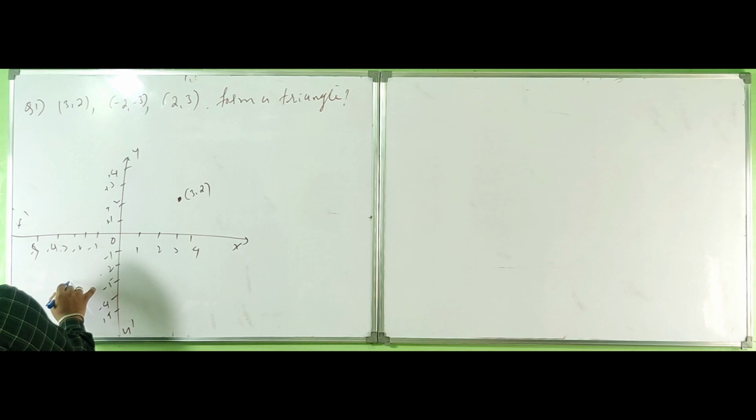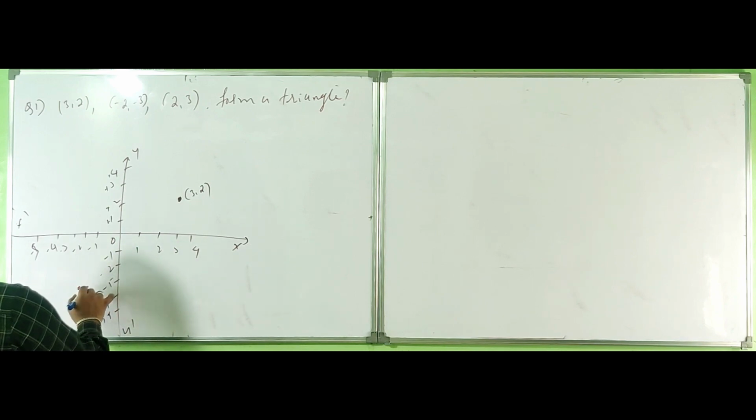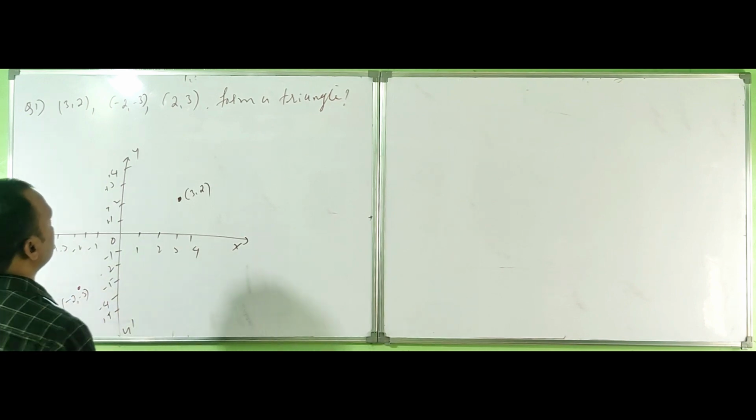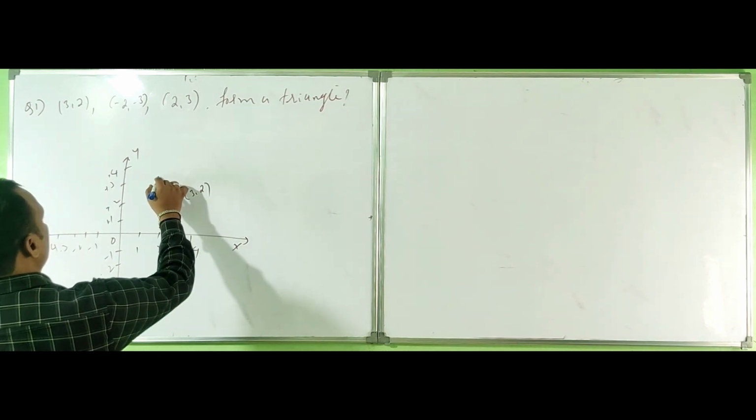Minus 2 and minus 3 is this point. Third point is 2 and 3.